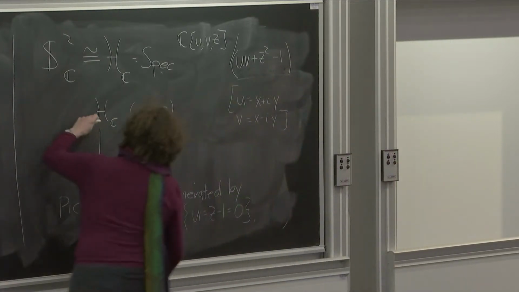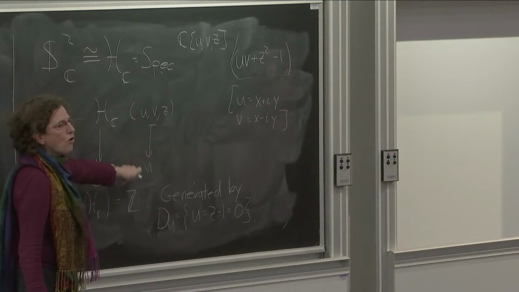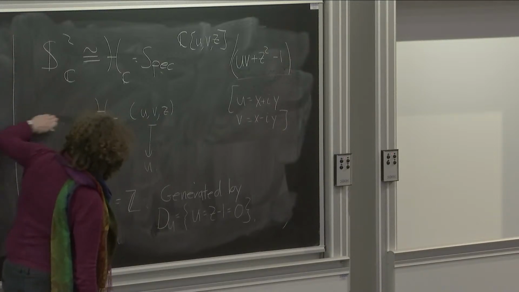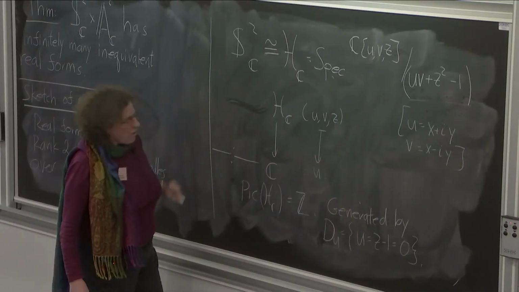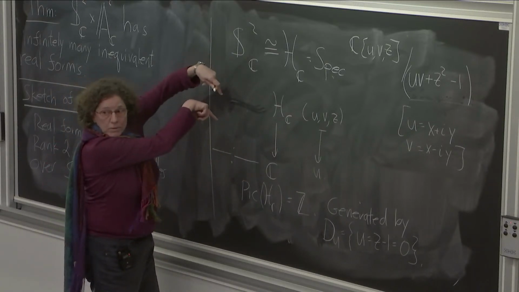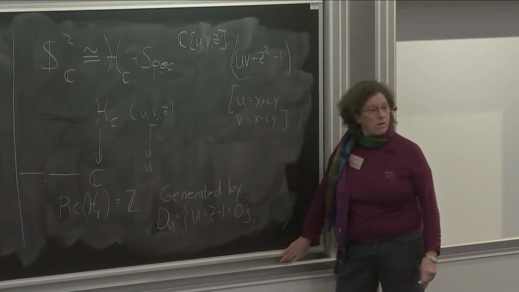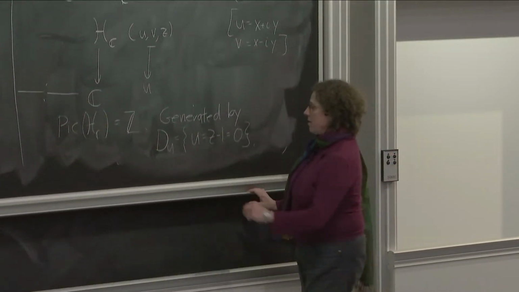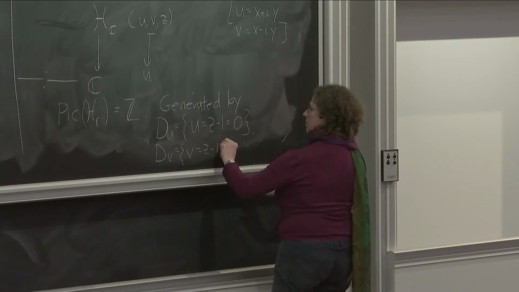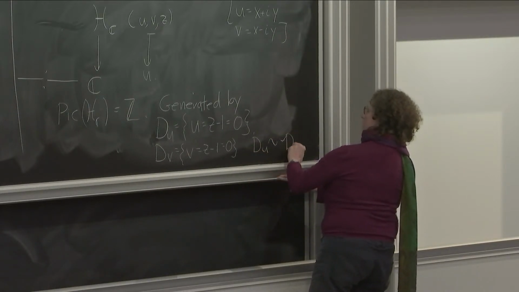So this is a locally trivial fiber bundle over C with a double point in the origin. On the origin, I have 2 copies, and so that's why I have this Picard group being Z. And if I say dV is v, z minus 1 equals 0, then dU is equivalent to minus dV.